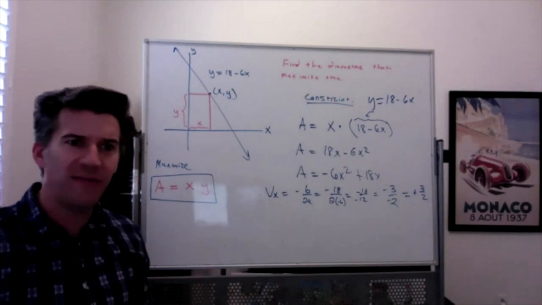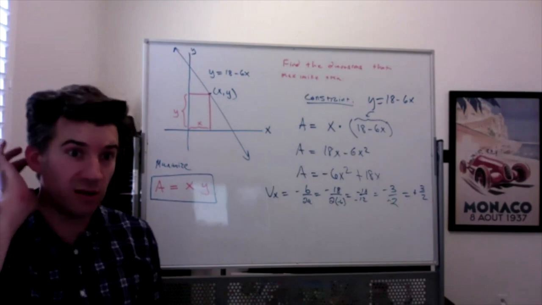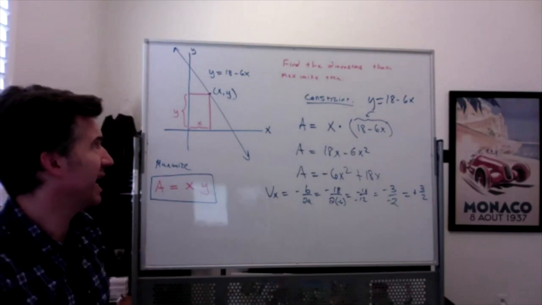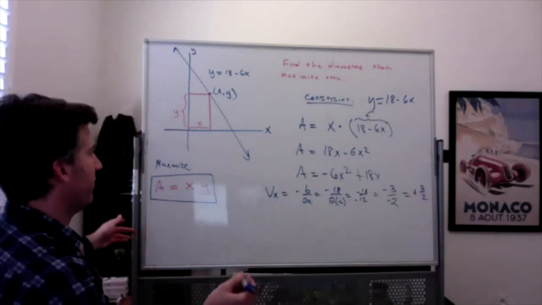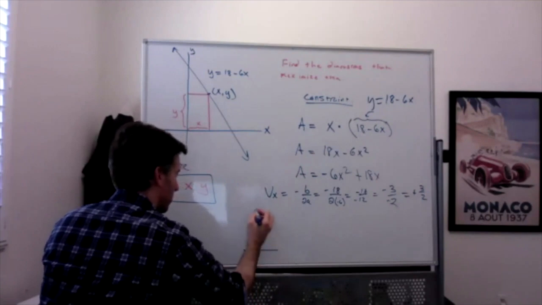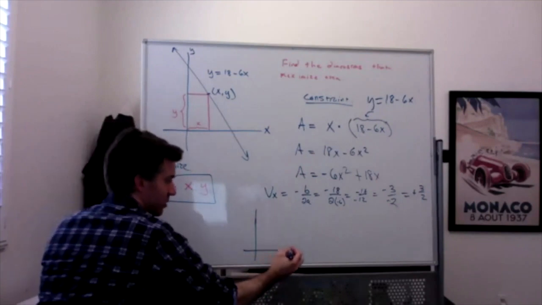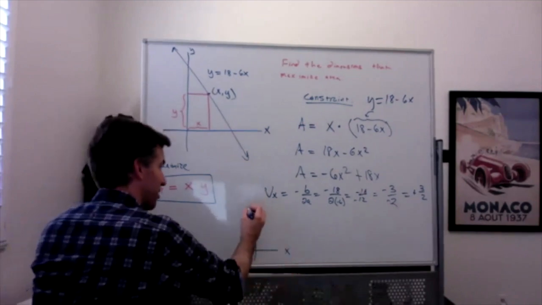So do I need to find the y coordinate of the vertex? This is a good question. And the answer here is actually no. So here's the thing, right? If I was going to graph this parabola, the x-axis would be x, but the y-axis would be the area.